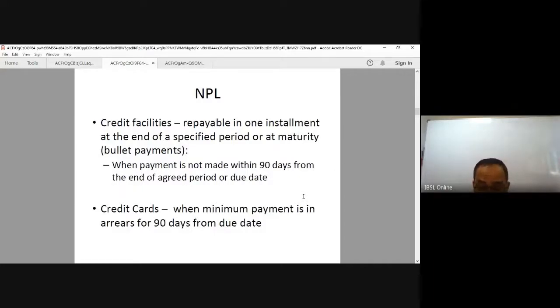Normally the minimum payment is set by the banks at 5% of the outstanding, right? If even the minimum payment is not paid for a continuous period of 90 days which is due, then it becomes a non-performing advance for credit card purposes.